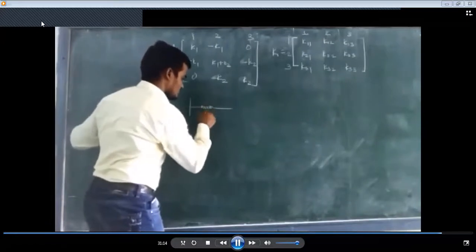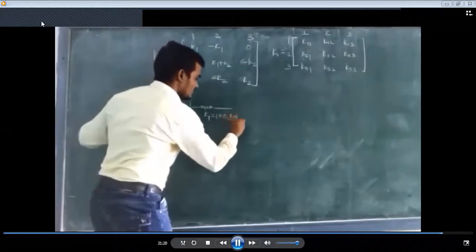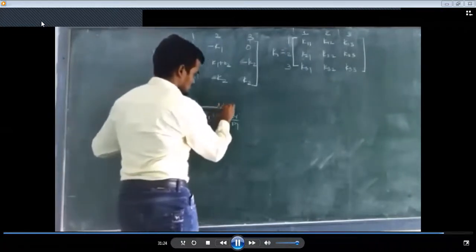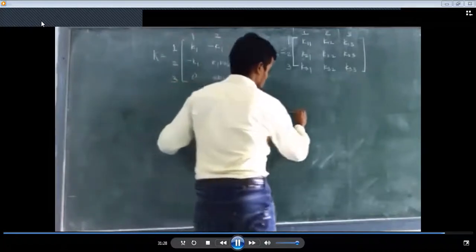Now, for your homework, I will give some example. Construct the global stiffness matrix for this question. Now construct on your own the global stiffness matrix for this spring system. There are 3 springs, with spring constants K1, K2, and K3.